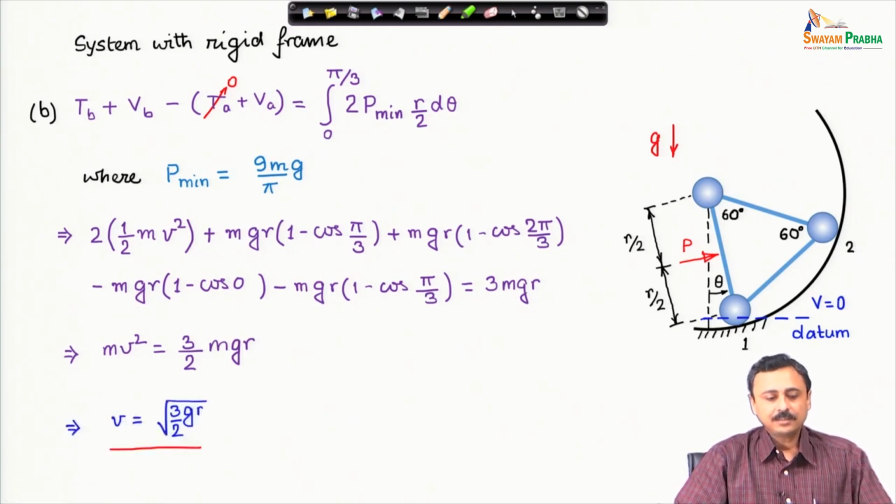From here I can straight away calculate the common velocity of both particles 1 and 2, which turns out to be the square root of 3 by 2 g r. This is a straightforward algebraic step which you can complete.